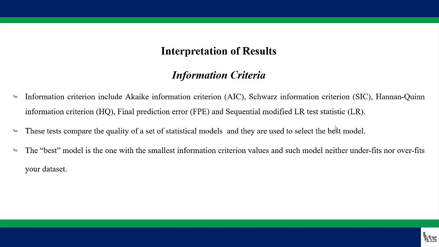The first ones are AIC, SIC, HQ, FPE, and LR. You can make use of any of these methods. But what you need to check is that the model that gives you the smallest information criterion is the best.